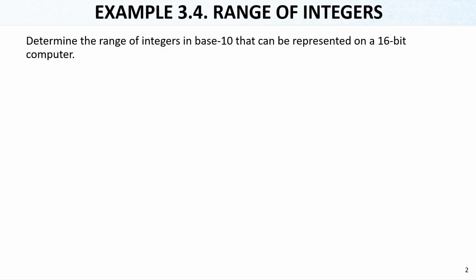In this example, we will define the range of integers in a 16-bit computer. In the bits in the computer, we will have 1s and 0s only. With these, what are the numbers that we can represent in the base 10 system? Let's try to find them.